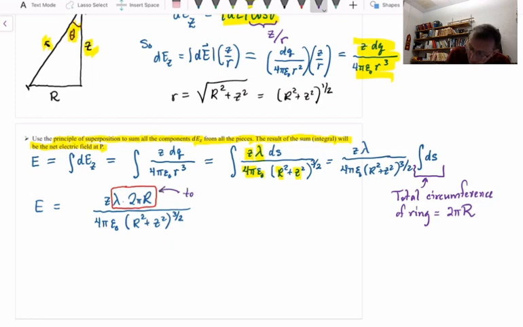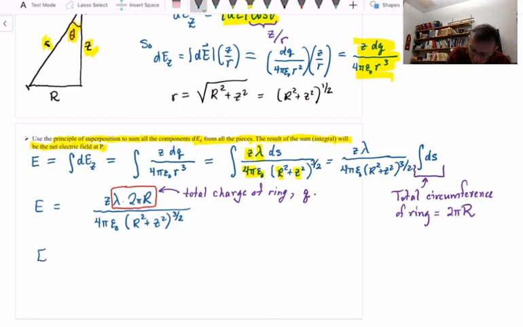Did you say that that's just the total charge of the whole ring, which we were told to call Q? Yes, take the charge per unit length times the entire length around. That's what 2 pi big R is. That's the total charge Q.